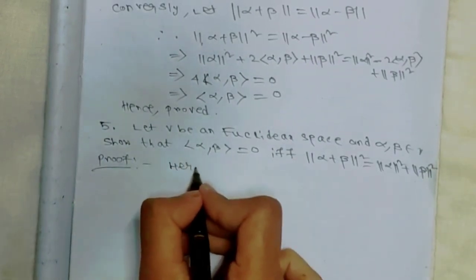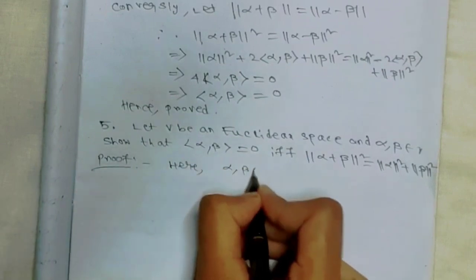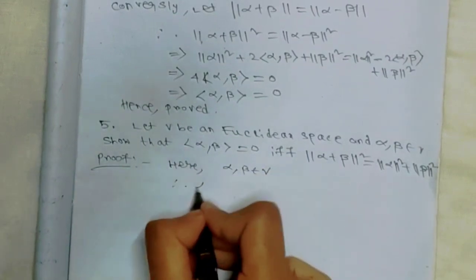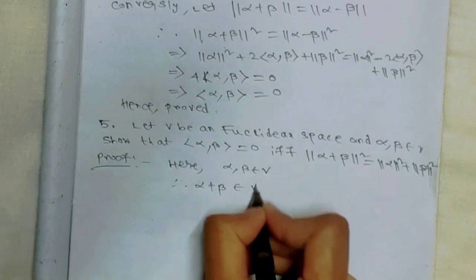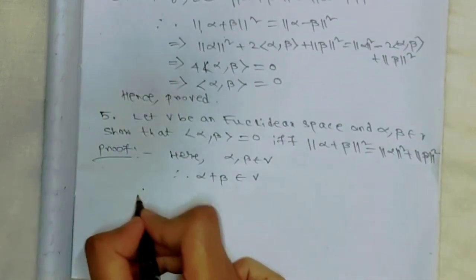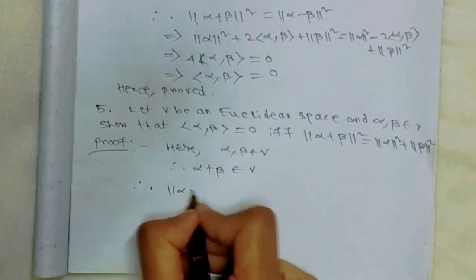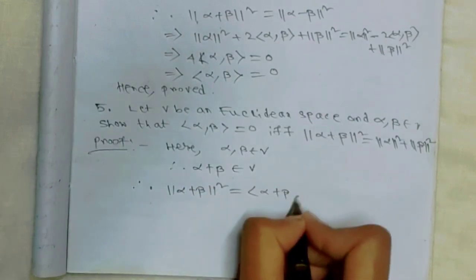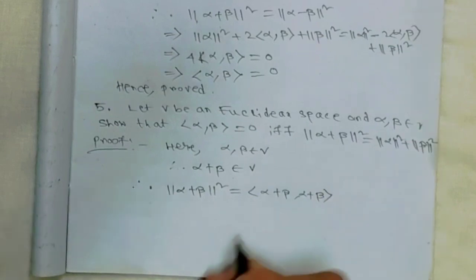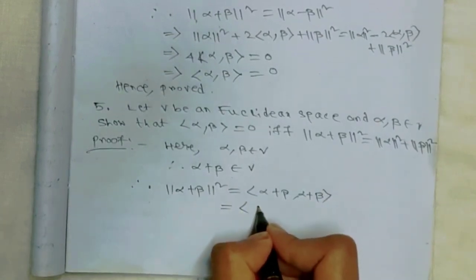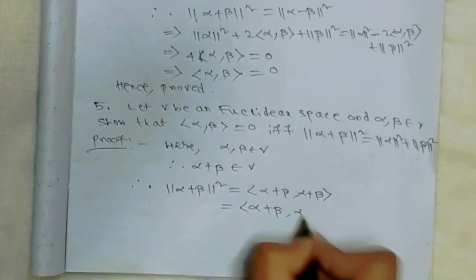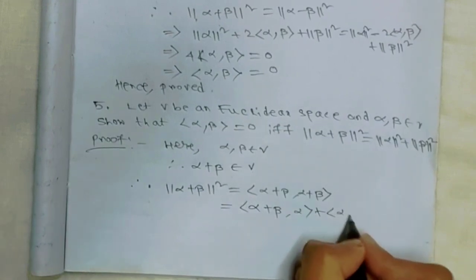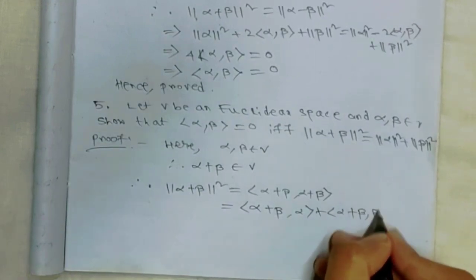Here alpha and beta both belong to V. Therefore alpha plus beta also belongs to V. Therefore norm alpha plus beta squared equals the inner product of alpha plus beta, alpha plus beta. That equals the inner product of alpha plus beta, alpha plus the inner product of alpha plus beta, beta.